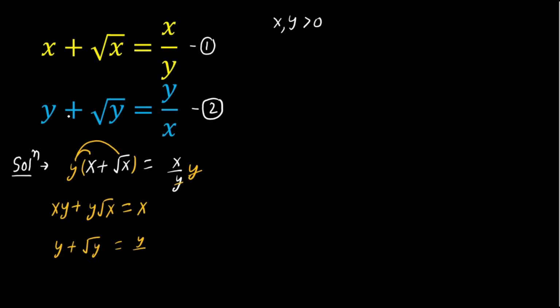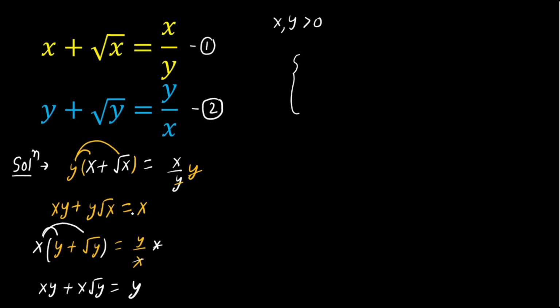If we multiply both sides by x, then in the left hand side x is multiplied by y, giving x times y, and x is multiplied by square root of y, giving x times square root of y, and this equals y, as x cancels out.